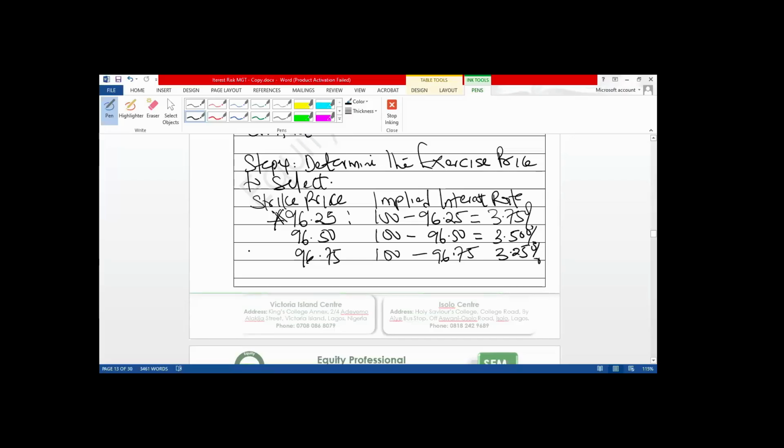Examiner says to protect against interest rate rising above 3.75%. The company is ready to pay 3.75 maximum. It must not go above this. When you are done with this, you now come to your step 5.